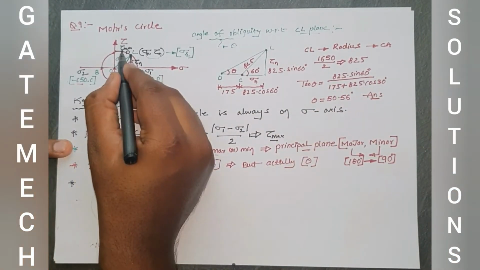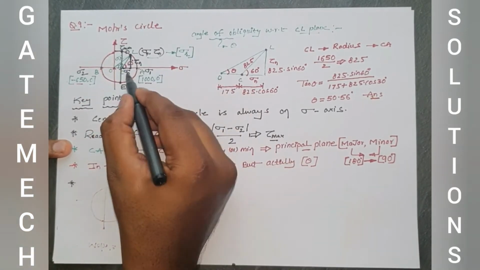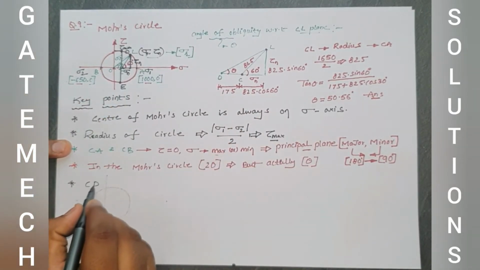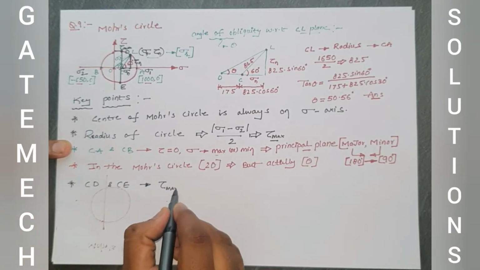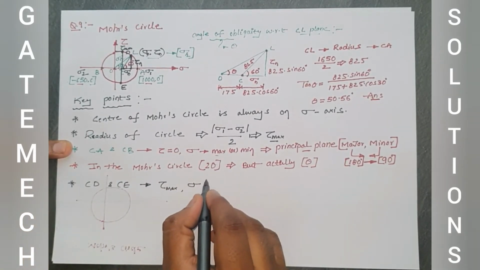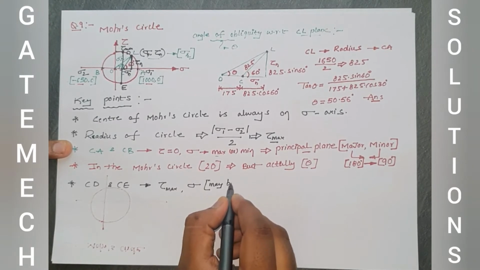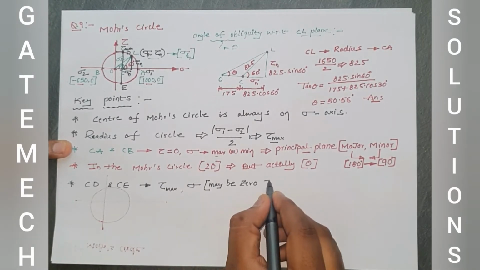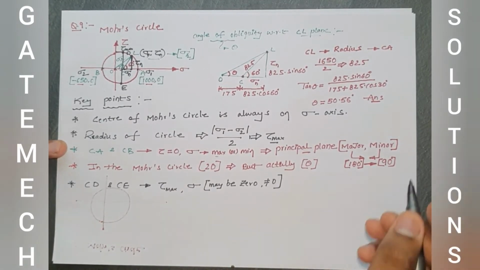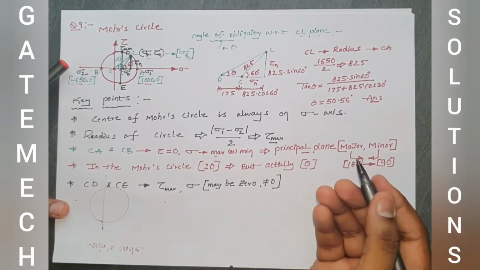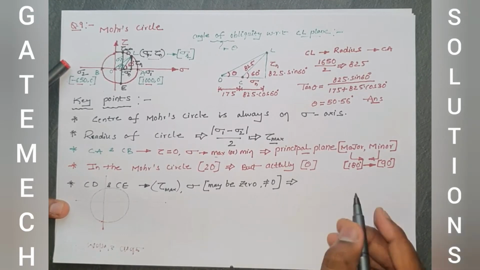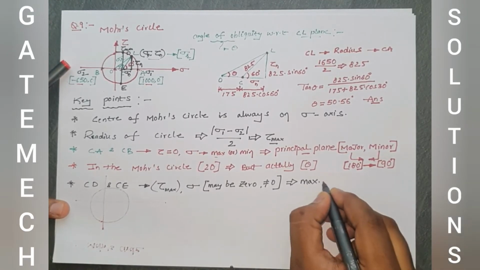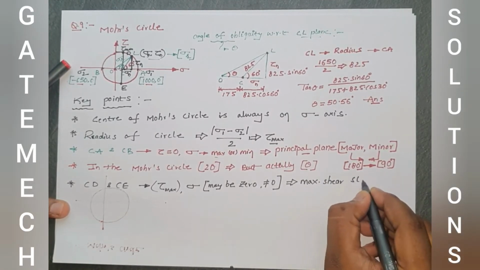In a similar way, this is one plane CD, this is another plane CE. Here the shear stress value is maximum, but the normal stress may or may not be 0. So these types of planes are called maximum shear stress planes.